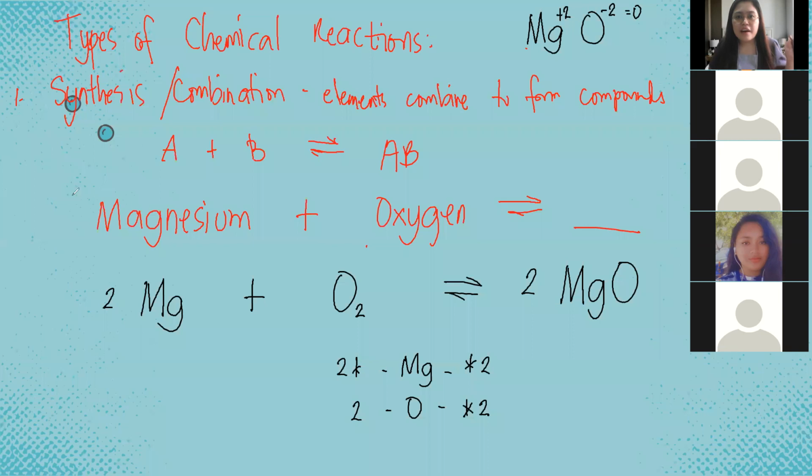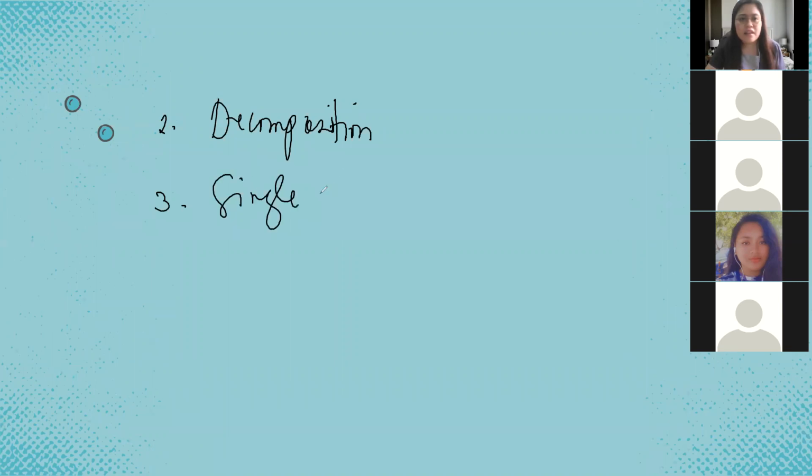So I think dira sa ako mag-end karon na meeting, we will be discussing other types of chemical reactions. Next week, we will still have the decomposition reaction, and then we will also have the single replacement or displacement reaction.